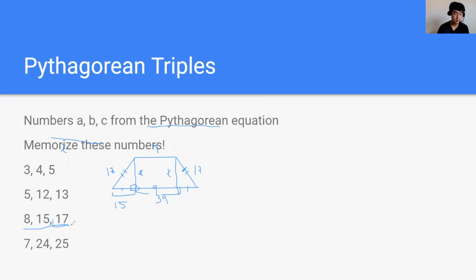This is the hypotenuse, which is c, a, b. So x is equal to 8 according to our Pythagorean triples. So if you know about Pythagorean triples, you will not have to use the calculator and can save your time for another question.